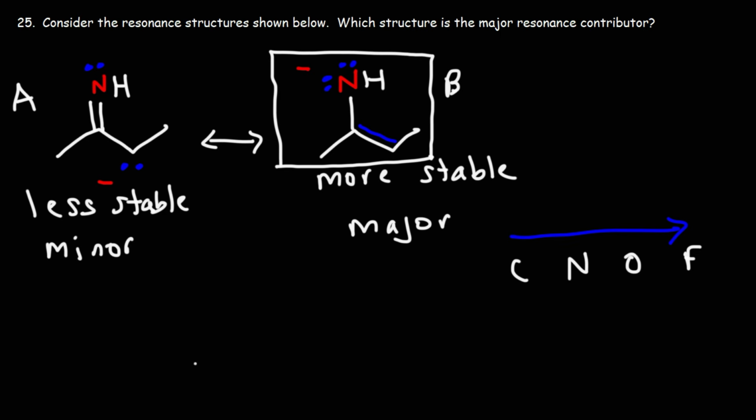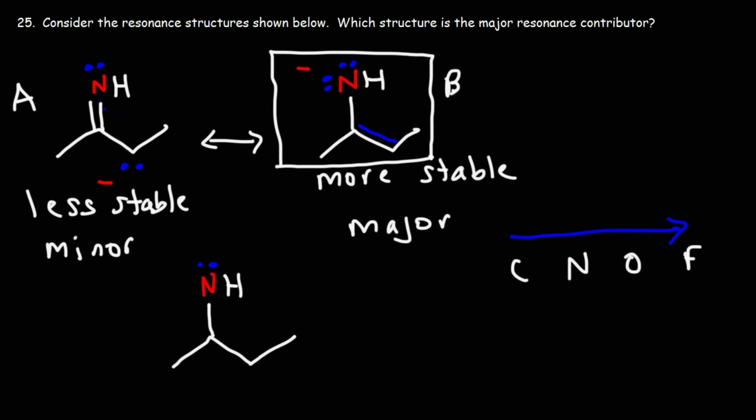To draw the resonance hybrid, draw the parts of the molecule that don't change. So this alkene structure doesn't change, and in both structures we're going to have at least one bond. The NH group will stay the same as well. Notice that in both structures nitrogen has at least one lone pair, so that's going to stay.